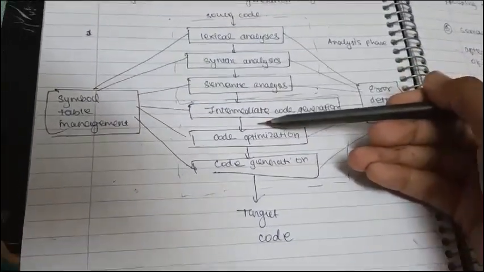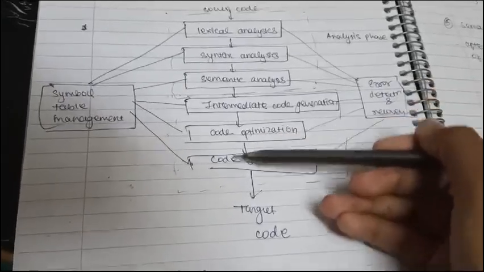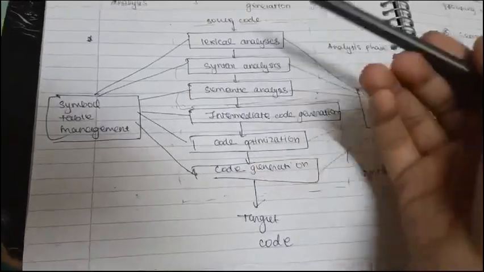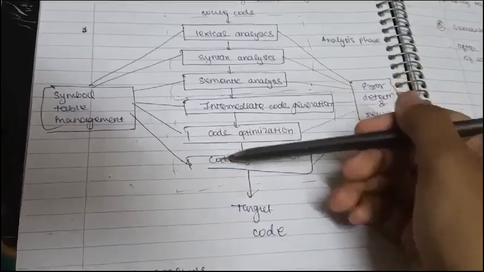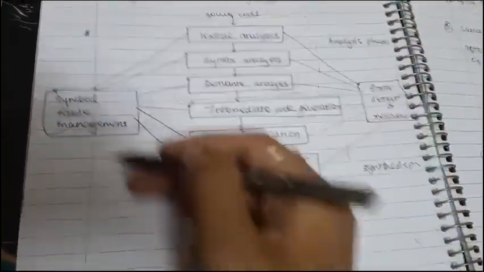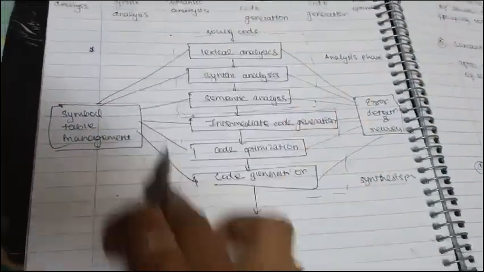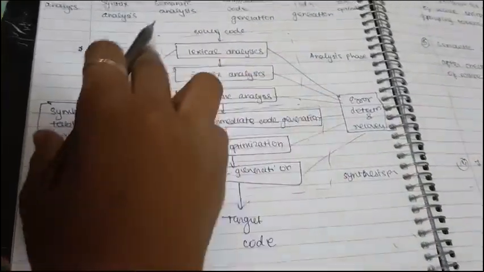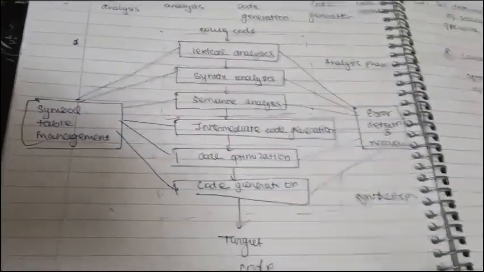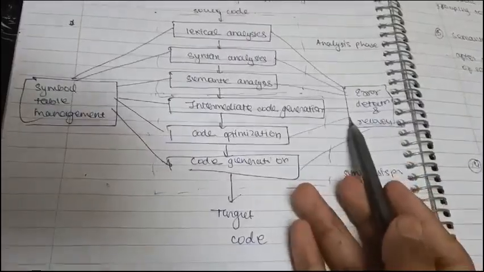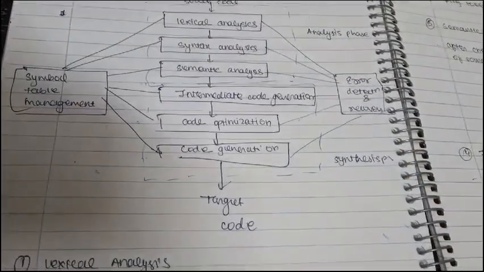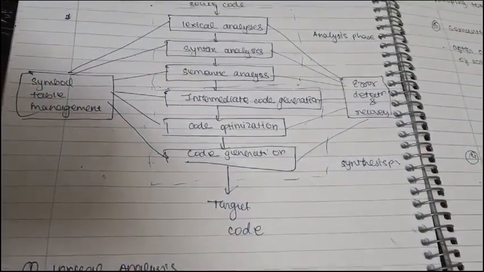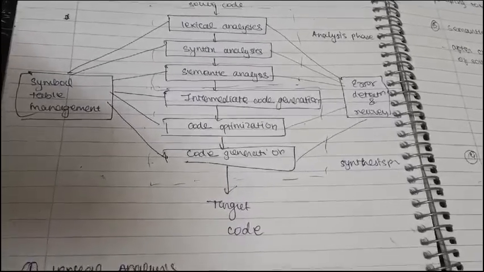After that, we'll have the intermediate code generation, code optimization, and code generation. First, we'll discuss each of them in brief, and then I'll come back to this diagram so that you get a better understanding of this compilation process and its phases. The symbol table management and error detection and recovery we'll discuss in the next video, where I will be discussing the grouping of these phases.